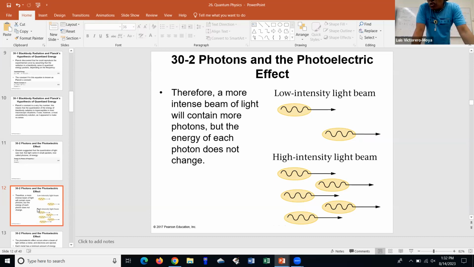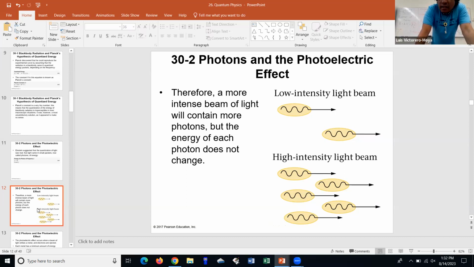In the classical definition, you increase the energy by increasing power, by increasing the intensity. In the quantum definitions, the intensity doesn't really depend on the energy, because the energy of a photon depends on the wavelength or the frequency. So the energy is independent of the intensity.